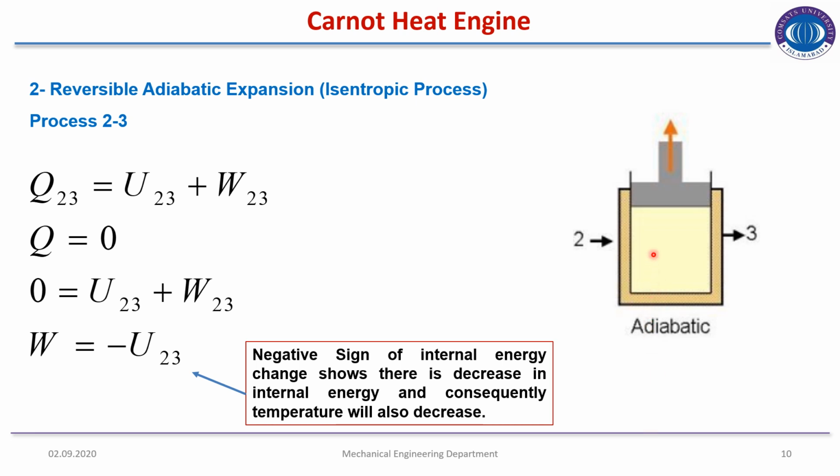So as volume is increasing, the temperature will decrease because it is an adiabatic process and no heat is entering the system. So volume will increase, temperature will decrease, and U23, the internal energy, will also decrease.